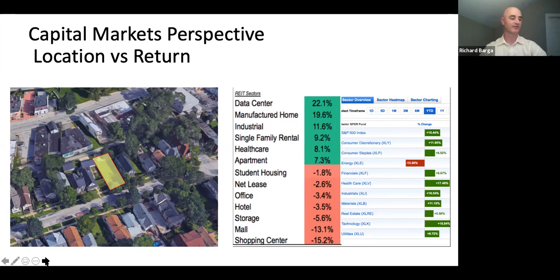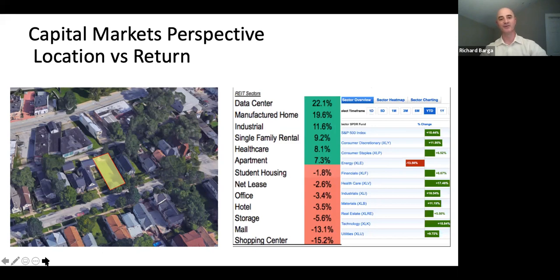From a 100,000 foot view, these different industry sectors may look at the same piece of property and value it based on how different industries are performing. I'm not sure what year this was, but you can see data centers here are creating better returns than shopping centers. So that's probably pretty recent. It shows the different rates of return you can expect based on the market segment or industry you are in.